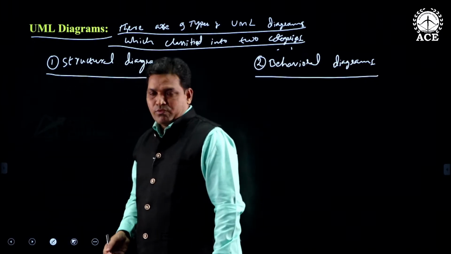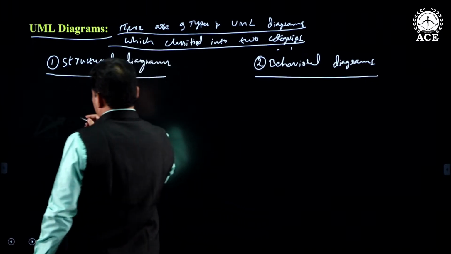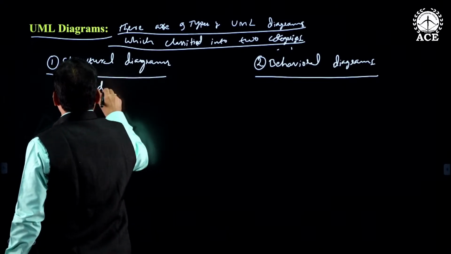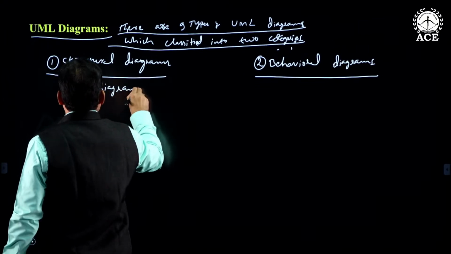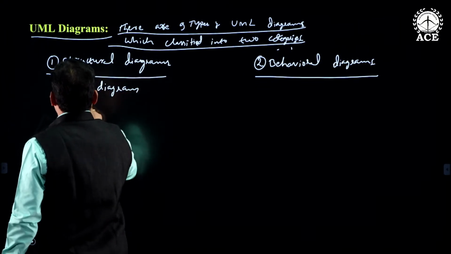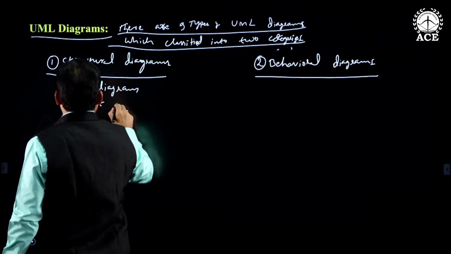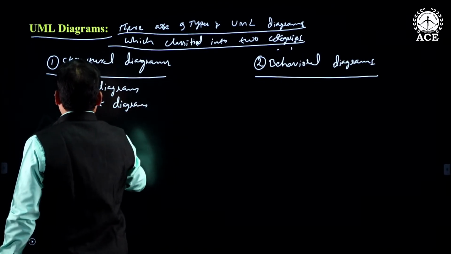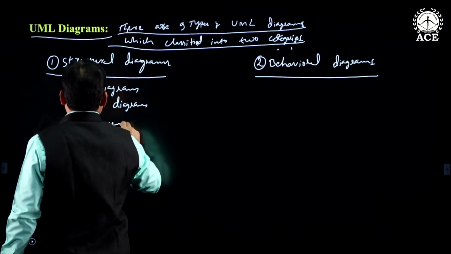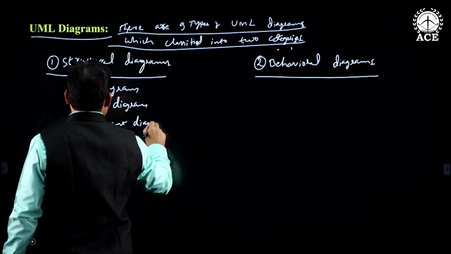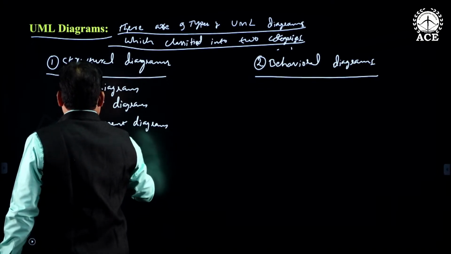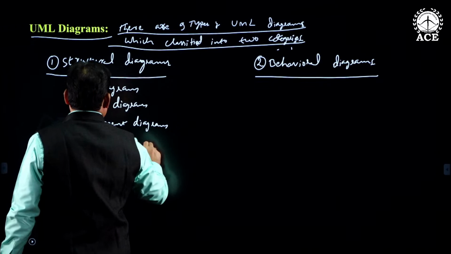Let us identify the structural diagrams. Structural diagrams are the class diagram, object diagram, component diagram, and deployment diagram.